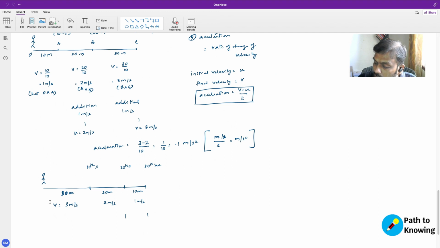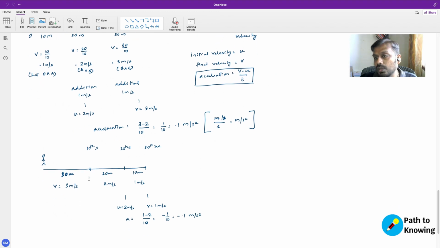So your u is equal to 2 meters per second, and your v is equal to 1 meter per second, and acceleration is equal to v minus u by 10, which is 1 minus 2 by 10, which is equal to minus 0.1 meters per second squared, right? So this is your acceleration for this object.